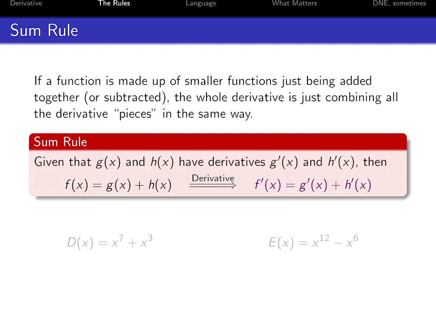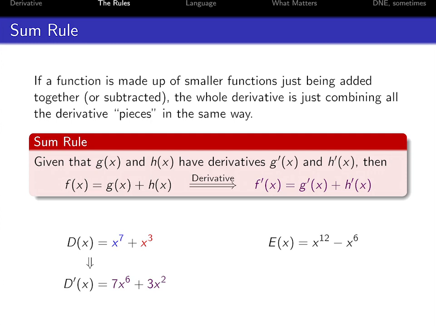We can see this more clearly a little bit with some examples. So say we've got d of x equals x to the seventh plus x cubed. Then what we see is we've got two separate things based around a plus sign, x to the seventh plus x cubed. That means we can take the derivative of those separately. So x to the seventh is 7x to the sixth, x cubed is 3x squared, so the derivative of everything is 7x to the sixth plus 3x squared.